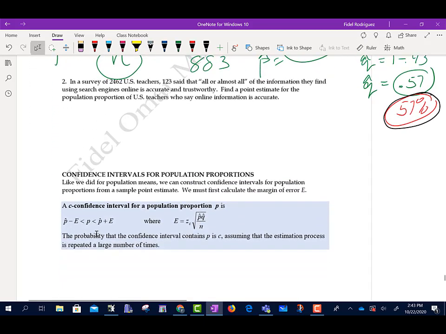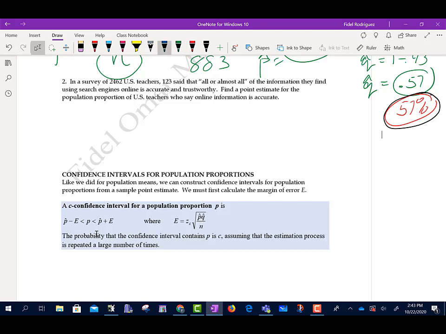Take a look at number 2. In a survey of 2,462 U.S. teachers, 123 of them said that all or almost all of the information they find using search engines online is accurate and trustworthy. Find a point estimate for the population proportion of U.S. teachers who say online information is accurate.